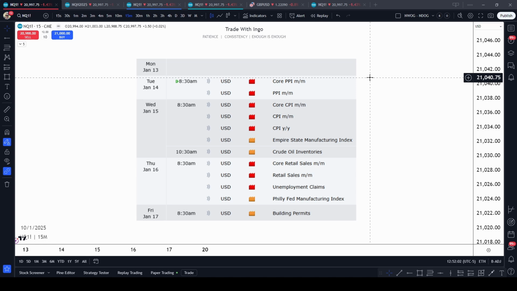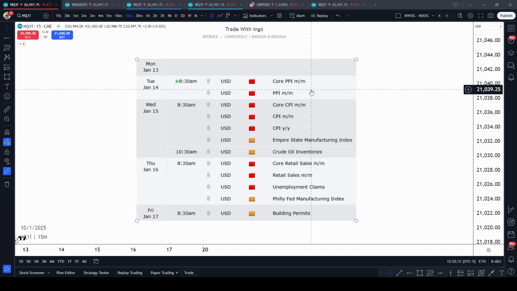For me personally, PPI is a pretty hard report to trade. I found in my trading journal that I lose a lot during these days. As far as I've backtested, it's pretty one-sided, but the move starts pre-market, and I didn't find the proper way to make money during these reports.